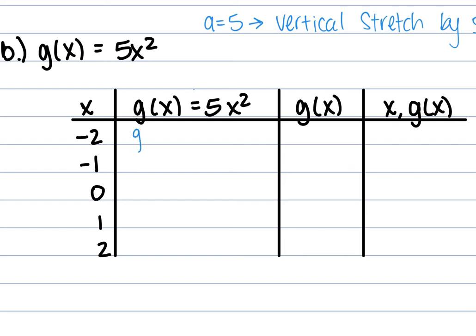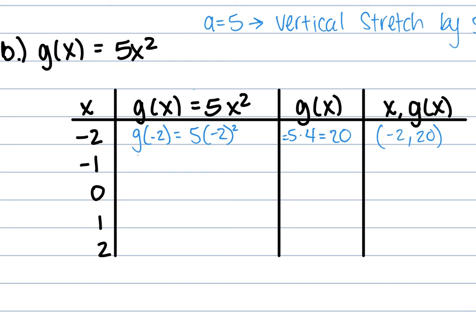Good. And then -2 squared is 4. So then you write 5 times 4, which is 20. Good. I love how you squared the -2 first. So 5 times 4 gives me 20. Okay? -2 comma 20. Beautiful. Okay? Someone do the next one. Daniel, go for it.